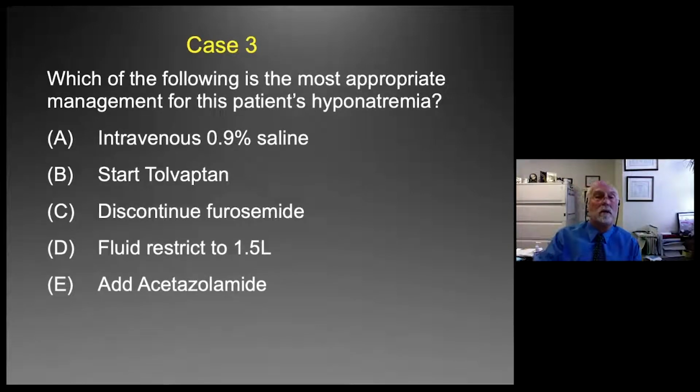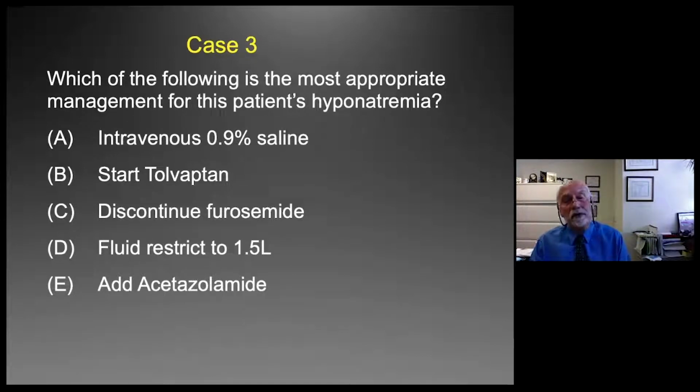So what would be the most appropriate choice for managing this patient? She's a heart failure patient. She's mildly hyponatremic at 126 or 128. So would you give her intravenous saline? Would you start her on tolvaptan? Again, that's the vasopressin receptor antagonist. Would you stop her loop diuretic?